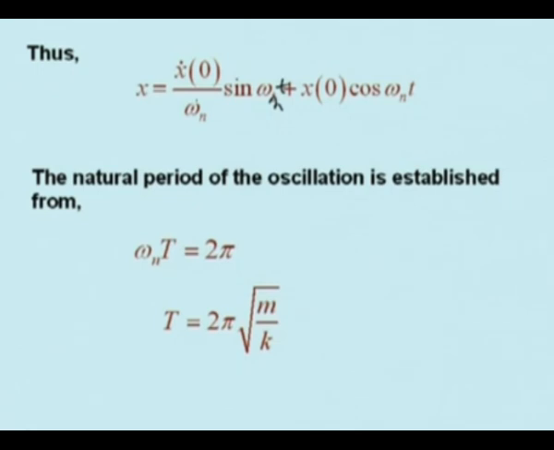The natural period of the oscillation is given by omega n times T is equal to 2 pi, or T is equal to 2 pi divided by omega n, that means 2 pi under root m by k. Therefore the time period is proportional to 1 by under root k, and it is proportional to under root m.